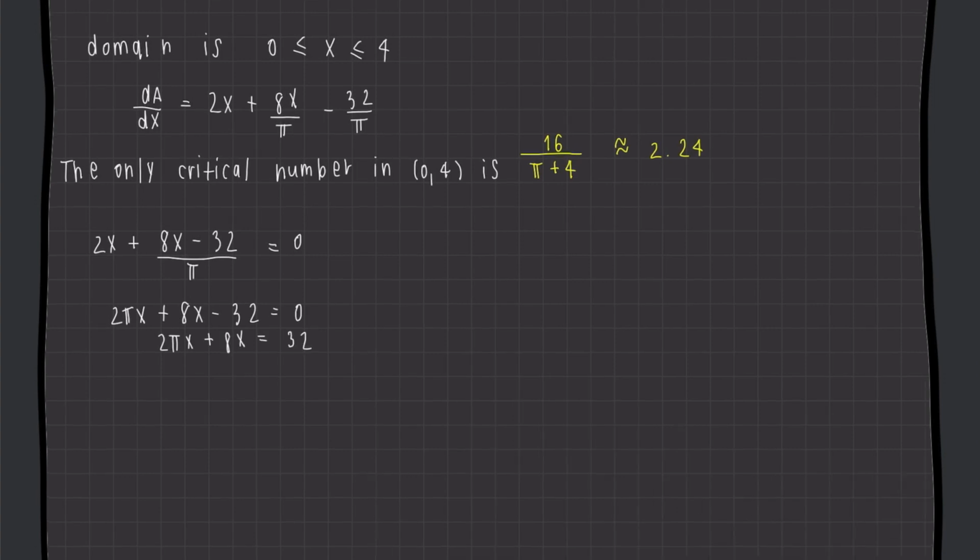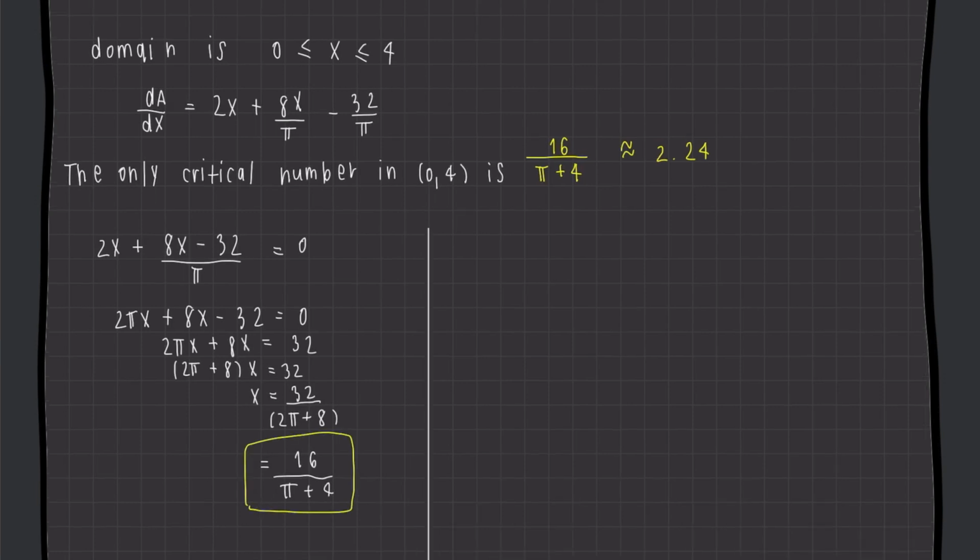Pull the x out, then we get (2 pi plus 8) times x equal to 32. Divide both sides by 2 pi plus 8. We have the x value of 32 over (2 pi plus 8). Simplify again, we get the final x value of 16 over (pi plus 4).